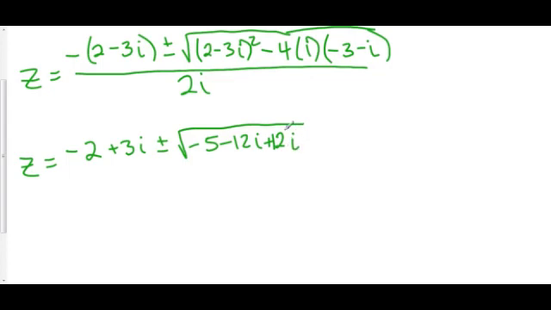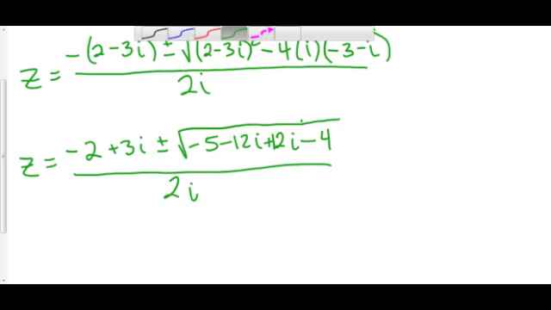Well, that's actually pretty nice because that cancels out with the negative 12i inside of the radical, and negative 4i times negative i, that is positive 4i squared, which is still negative 4, because i squared is negative 1, and 4 times negative 1 is still negative 4. And on the bottom, here we still have our 2i.